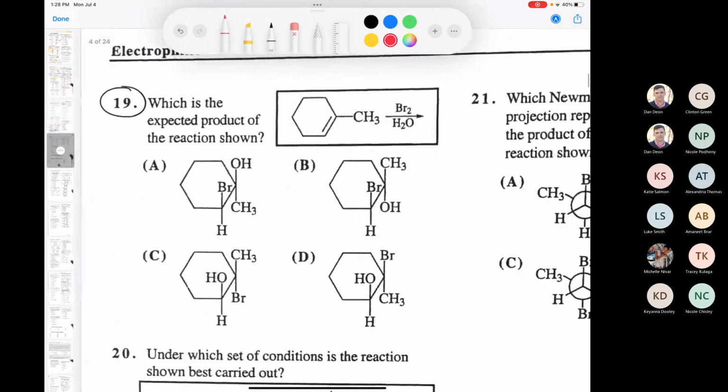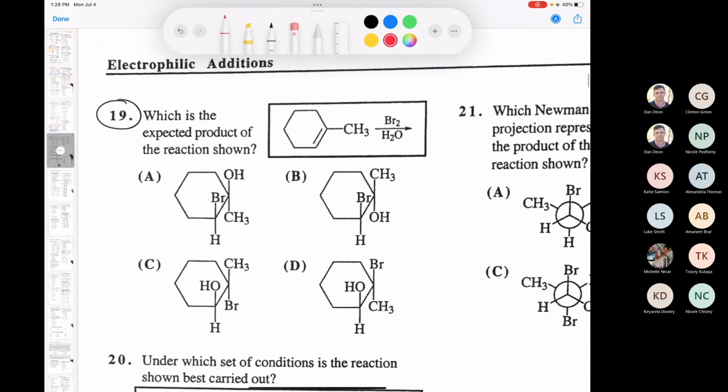Question number 19 is halohydrin formation, which comes from chapter 8, the alkenes chapter. We're taking an alkene and we're treating it with bromine and water. So we make a halohydrin. What happens is first you make a bromonium ion.